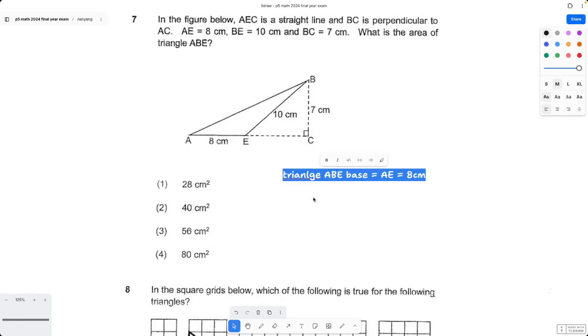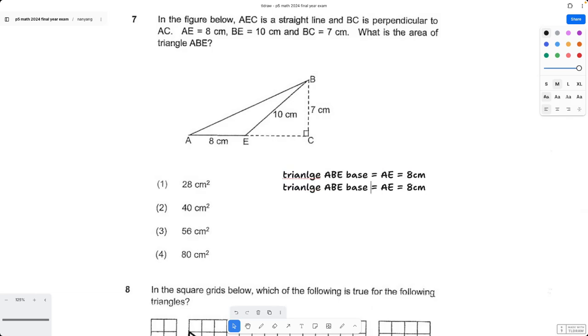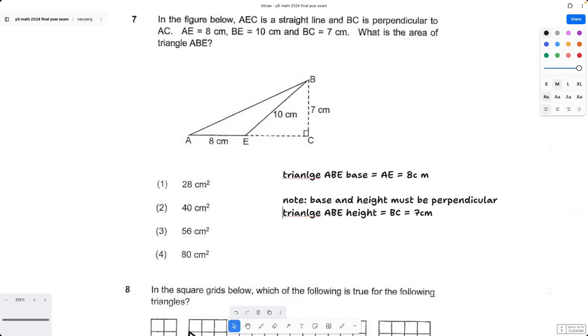And then triangle ABE height is equal to BC, which is 7 centimeters. Note base and height must be perpendicular. So I'm just gonna draw this.